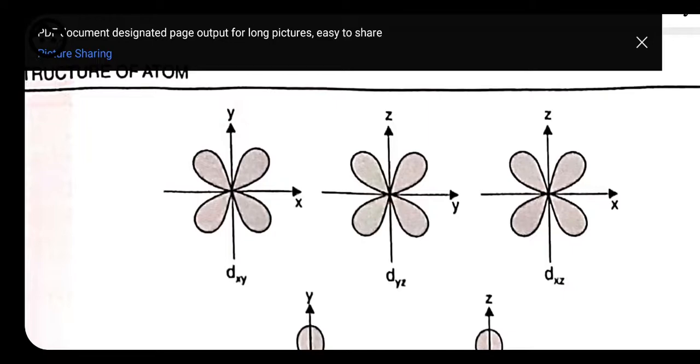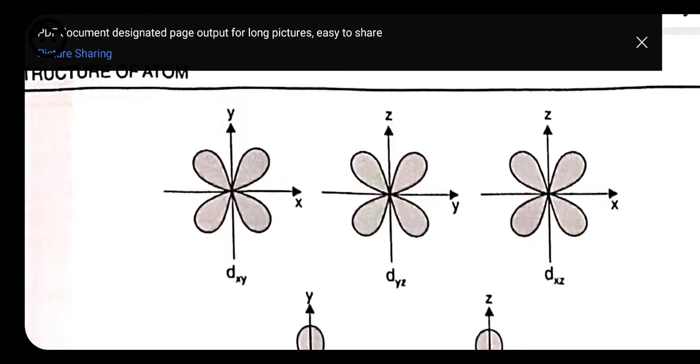So this type of structure or shape we got is called the double dumbbell shape of the d orbital. In the second one, that is dyz, the first lobe is present between the y and z axis, and the second lobe is going to intersect the earlier one.